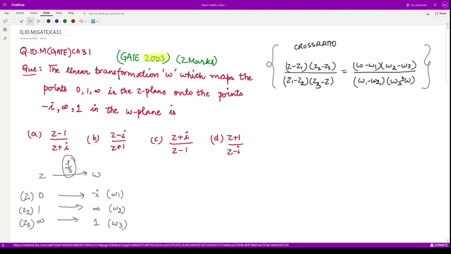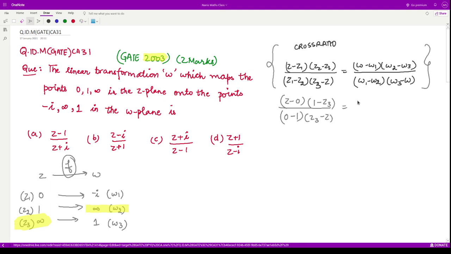For that we'll use this formula. Notice here that for the term w2 we have infinity, and for z3 we have infinity, so we have to solve this by taking a limit. In the initial step we will not substitute these values, we'll keep them as such. So we have z minus 0, z2 is 1 minus z3 as such, and z1 is 0, z2 is 1 and z3 as such, minus z.